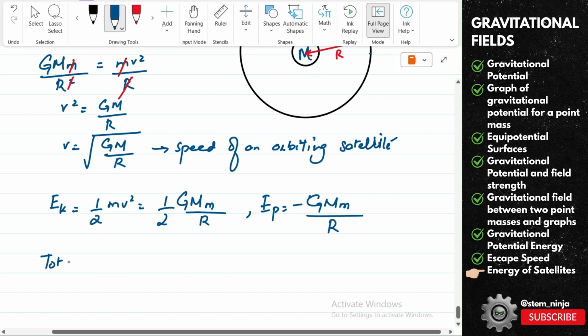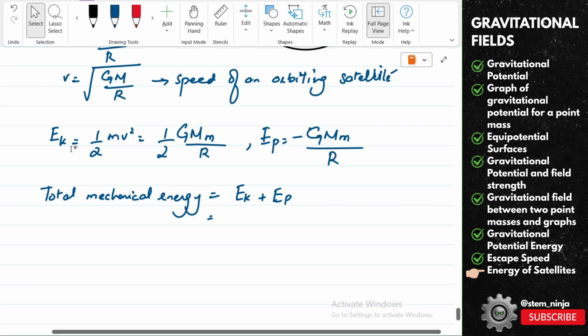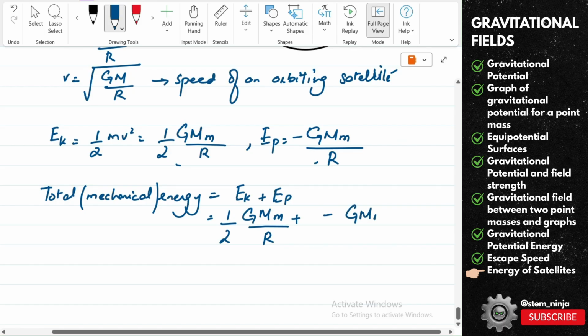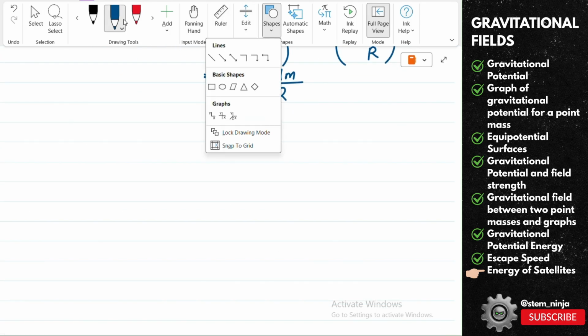If we want to find the total mechanical energy, which again remains constant, it is the sum of both: half GMm over r plus minus GMm over r. Notice GMm over r is common, so total energy comes out to be minus 1 over 2 GMm over r. So I think we can draw the graph for energy now.